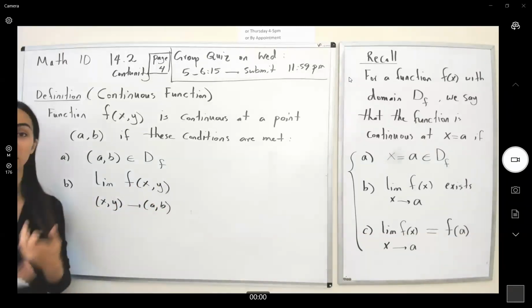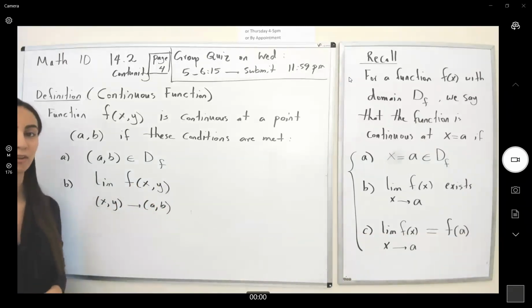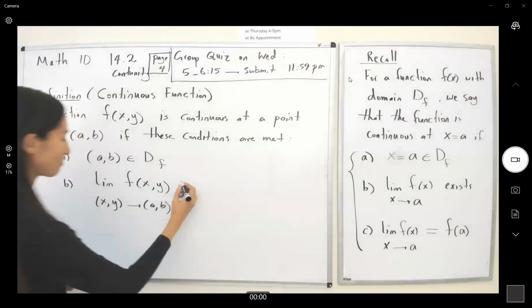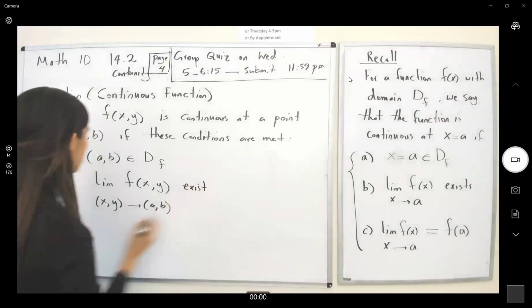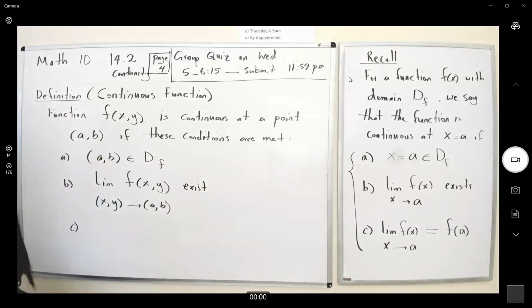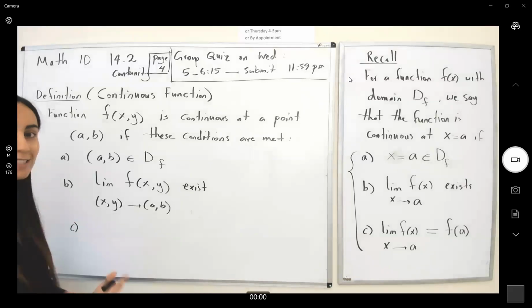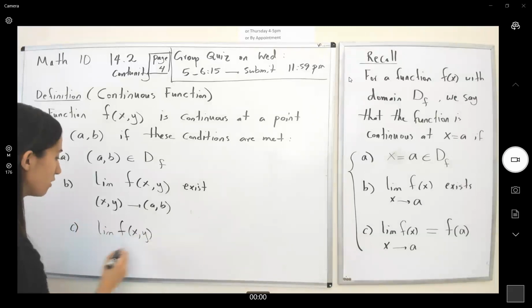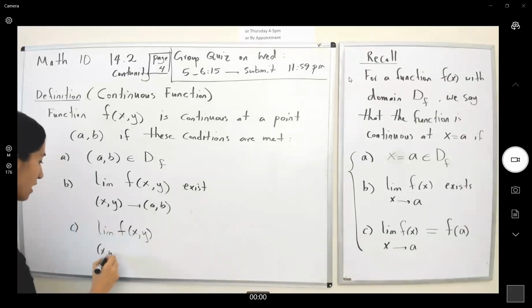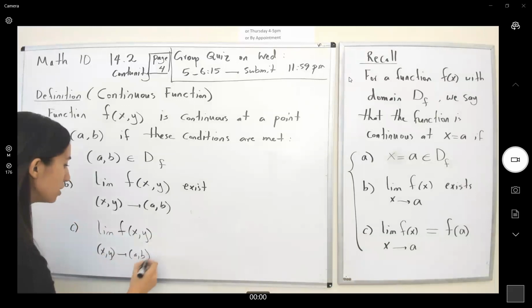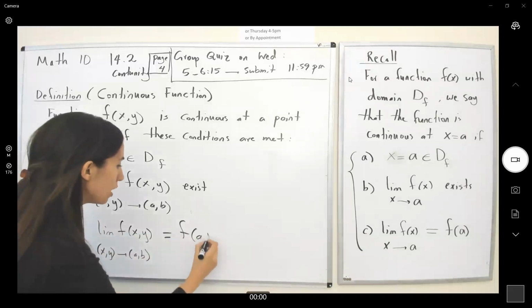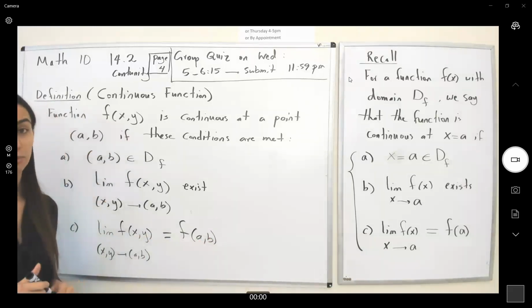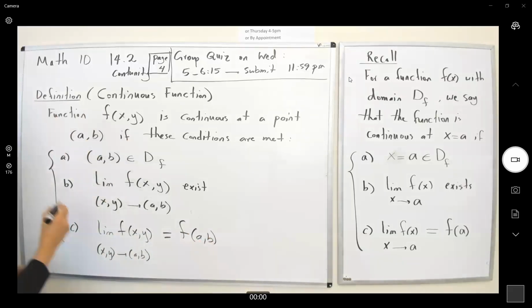We learned this technique before, different methods to analyze whether the limit of a function exists. And finally, the limit of the function is equal to the value of the function. In this case, it is the z value of the function. The limit of f of x and y as x and y approach a and b is equal to f of a and b. Three important conditions.